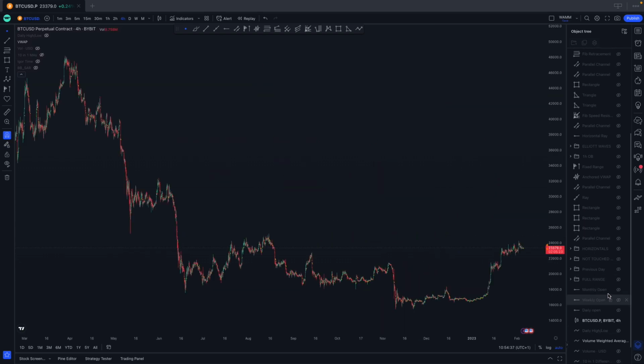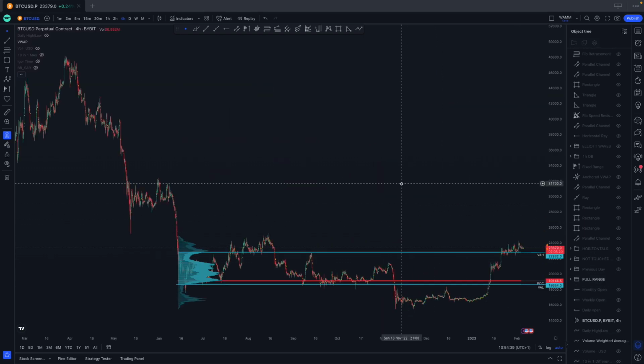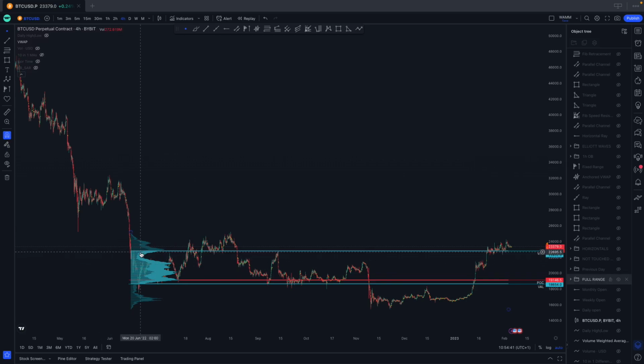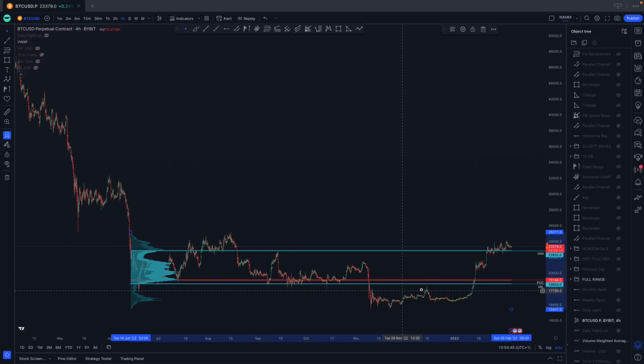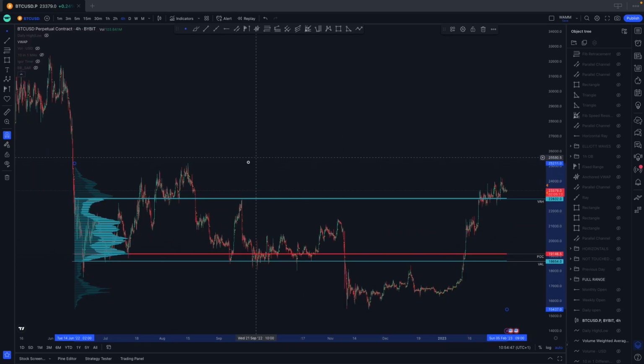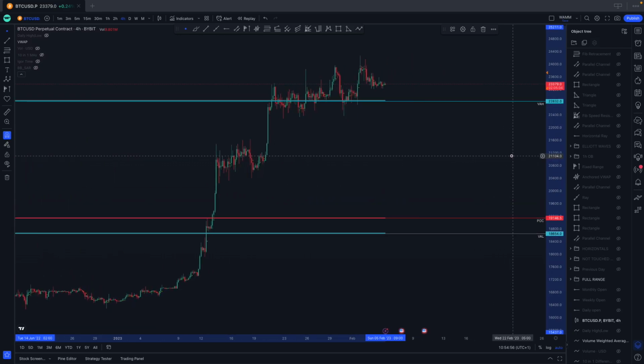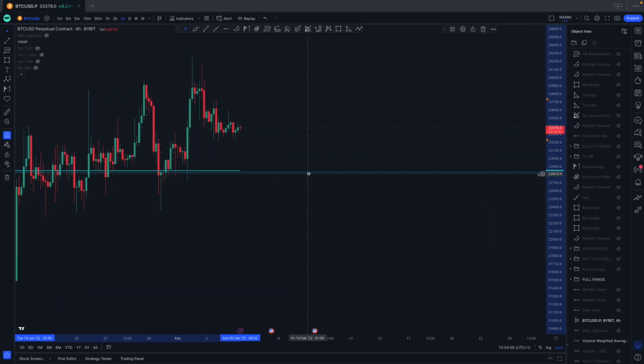So you can see where it is taken from: this whole range, this upper deviation, lower deviation, and where we are currently right now. If we update it, we can see where we still are.